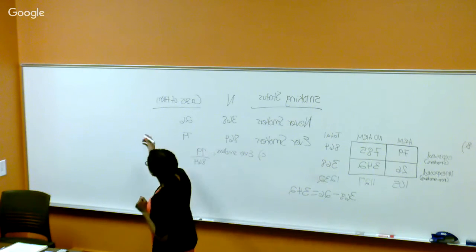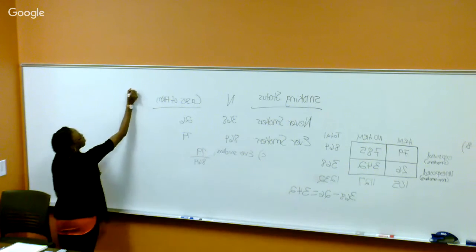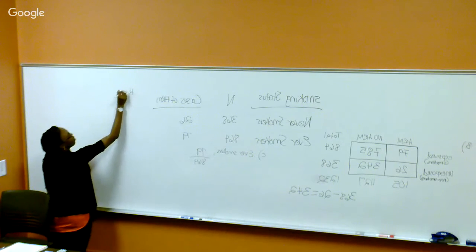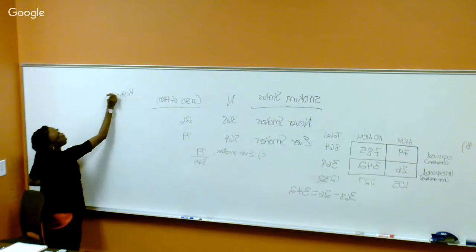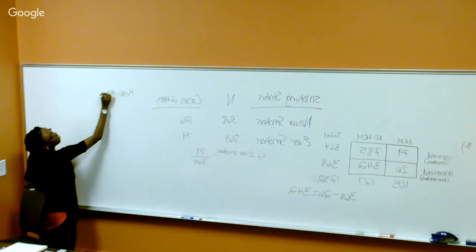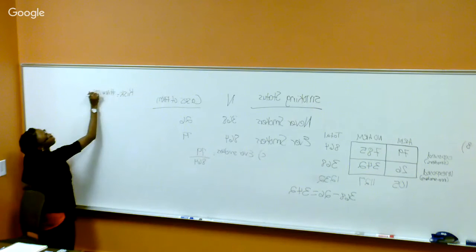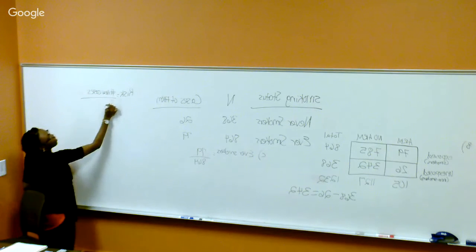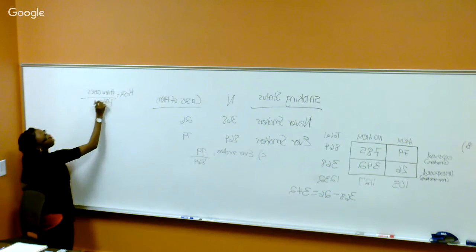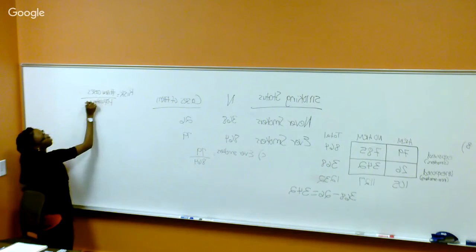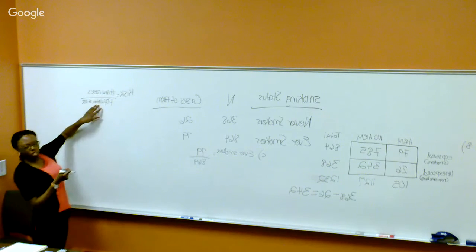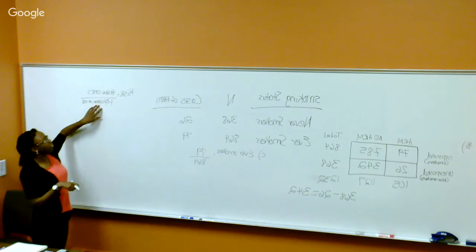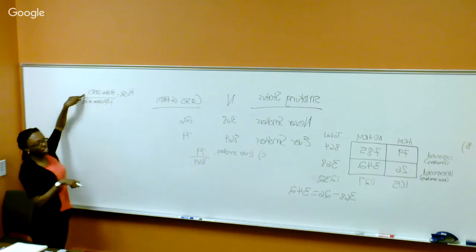So just in general, anytime you're looking for risk, it's going to be the number of new cases divided by the total population at risk. Because you're trying to see, out of everyone that could possibly get the disease, how many people then got it.